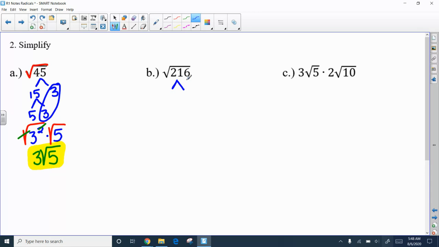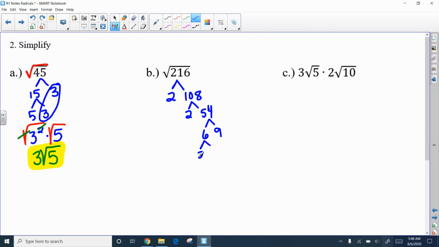So if you can't think of anything else, you can always use 2. So that would be 2 times 108. Same thing with 108. It's a little bit bigger, so I know I could use a factor of 2. So 108 breaks down to 2 times 54. Now 54 is one we're probably a little more familiar with. 54 can break down to 6 and 9.